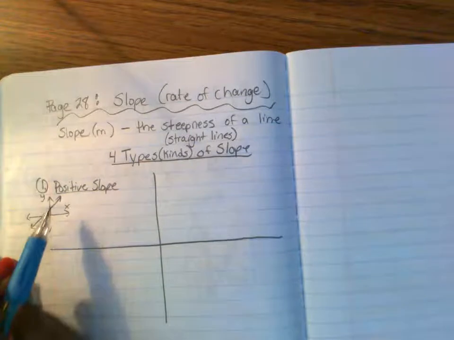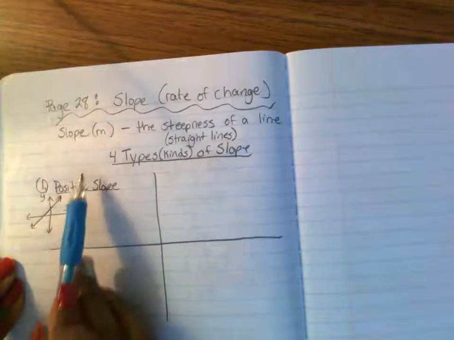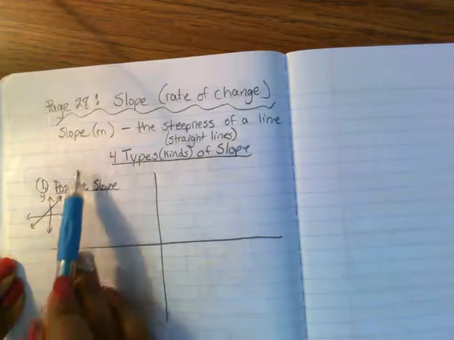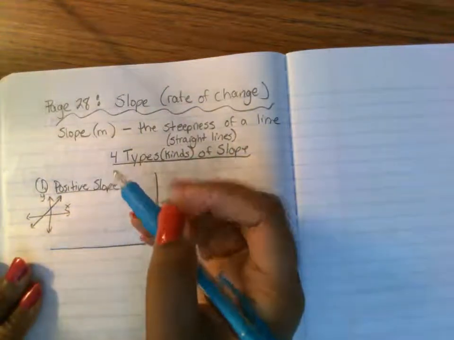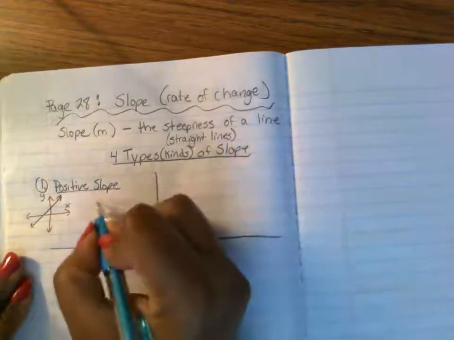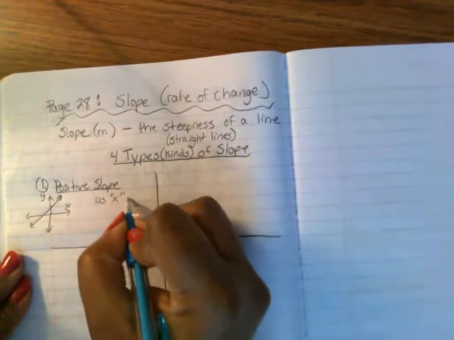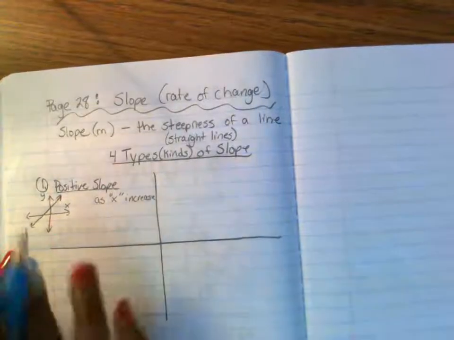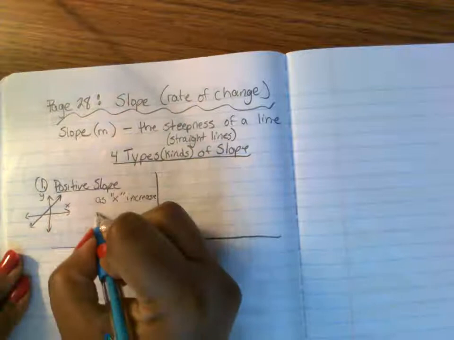This line is going up. So as x increases, y increases. So as you read from left to right, you notice that this line is going up. The math explanation for this is as x increases, as you read from left to right, your y is increasing.